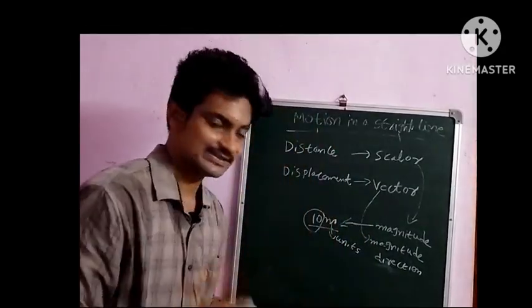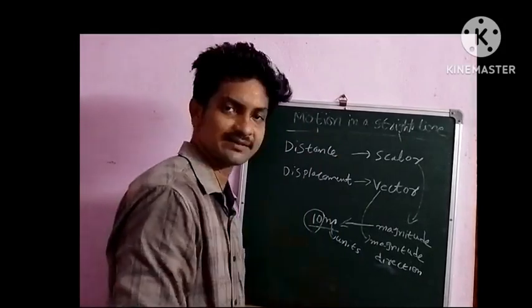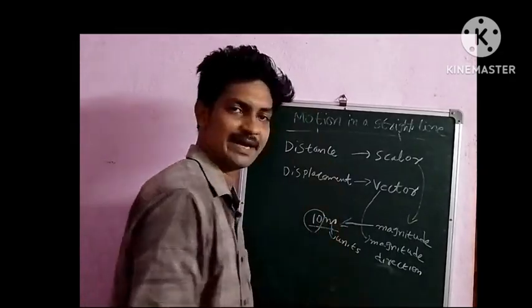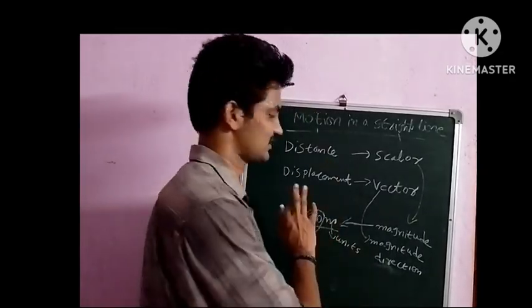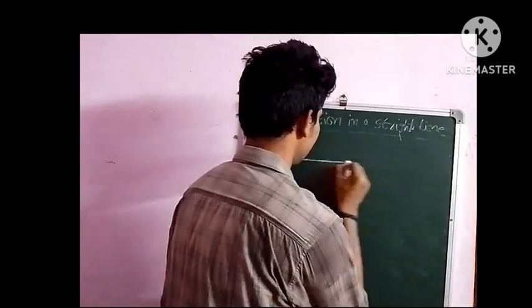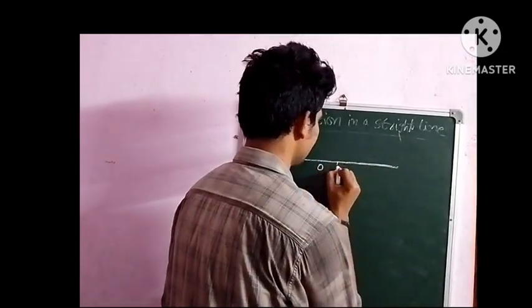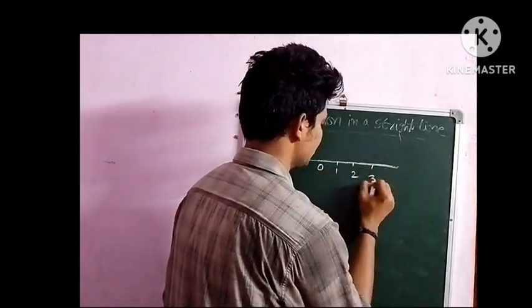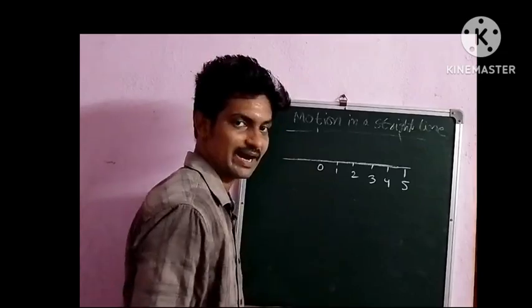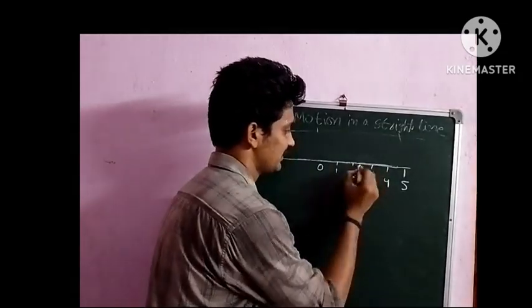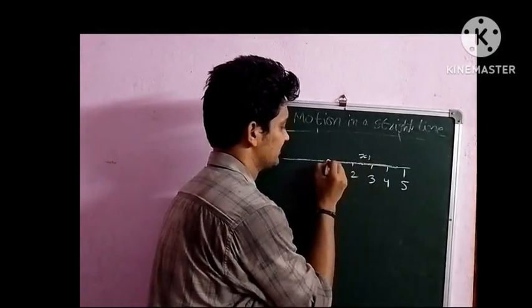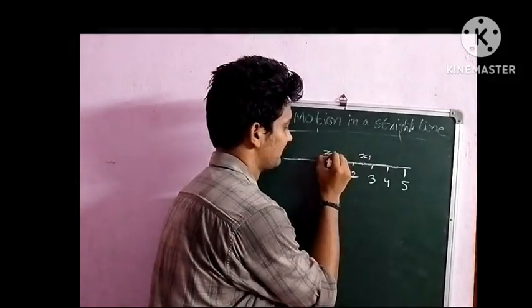We know any path length is distance. Shortest path length, final minus initial, that is displacement. We take one example. This is the origin. 1, 2, 3, 4, 5. What is the displacement, guys? This is the initial, this is the final.